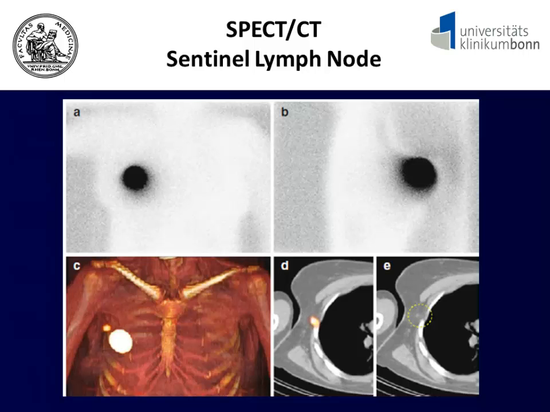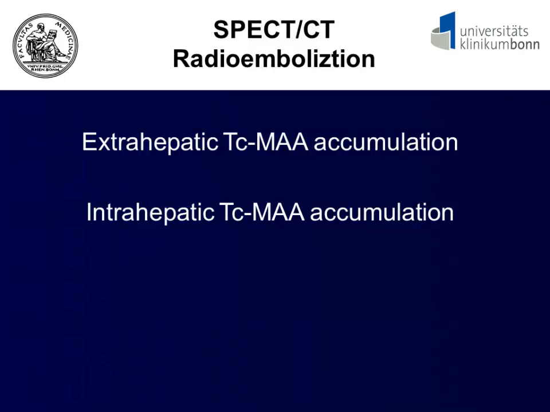Another example is breast cancer. For breast cancer, sentinel scintigraphy is very easy to evaluate, but sometimes you cannot find any accumulation in the axilla, even 24 hours after injection. In some cases, SPECT CT, in about 60 to 70% of these cases, can be helpful for finding the sentinel lymph nodes.